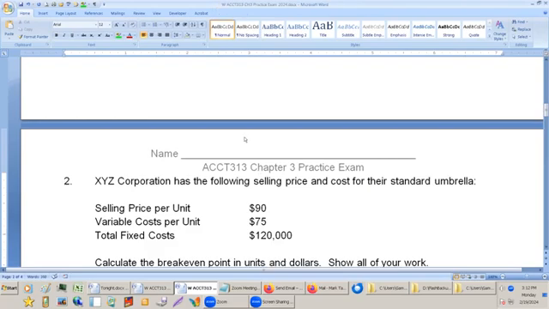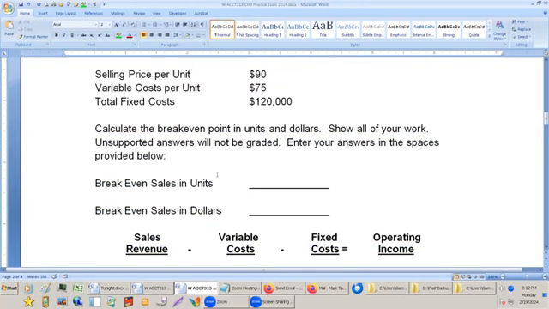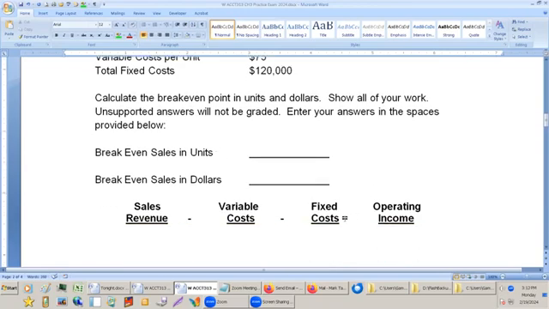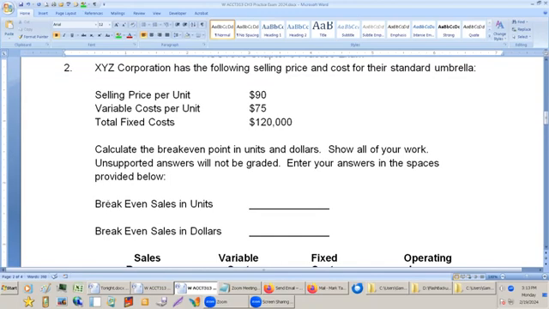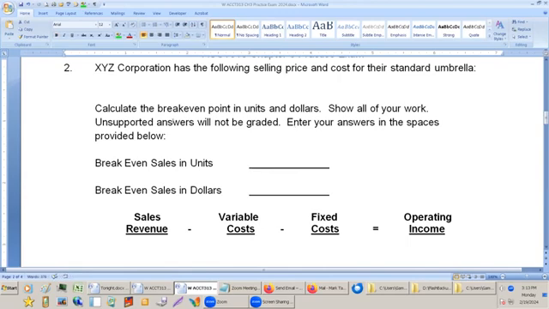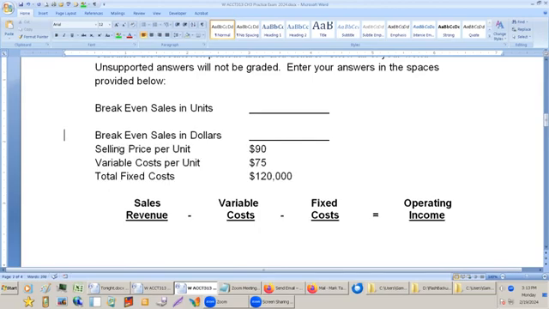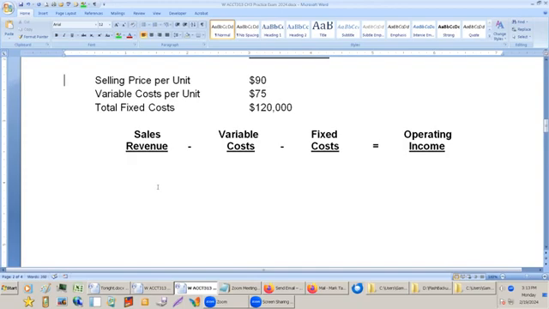This next one is a simple break even, I think. I am going to make sure I go through and do the spacing of these better. Simple break even. We did it a million kabillion times.